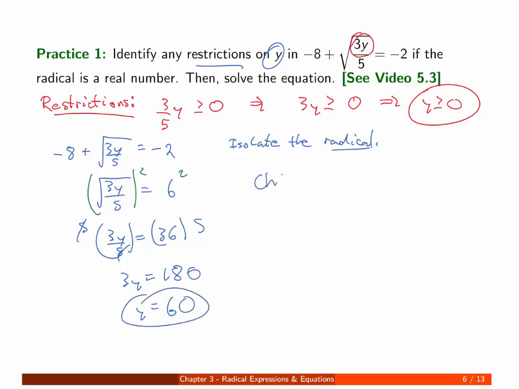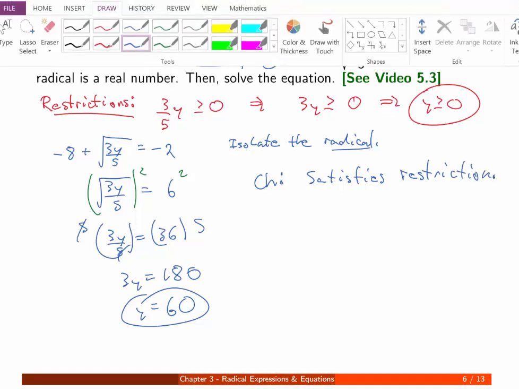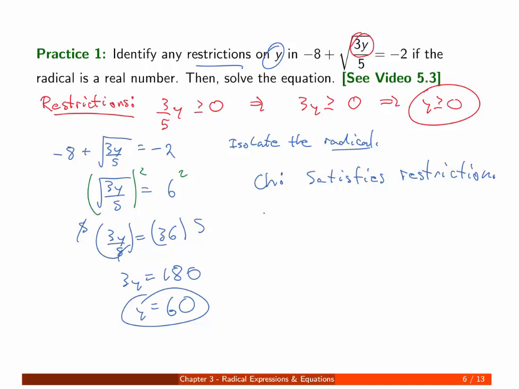Let's check this. First of all, it satisfies the restriction, right? It's clearly bigger than 0. To check this, which I'll do in red, you just plug it back in. So we're going to put 60 in.